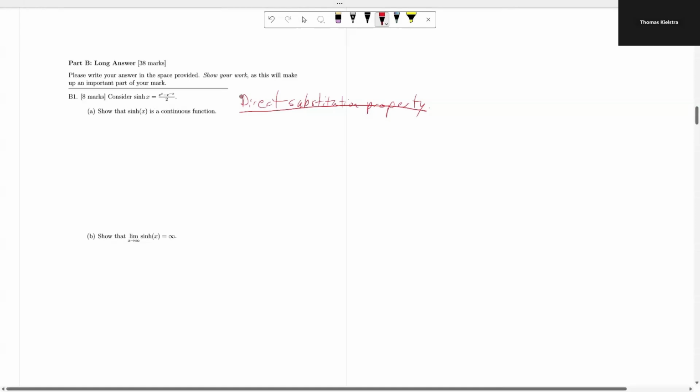So to use the direct substitution property, we are going to notice that there are no domain constraints.